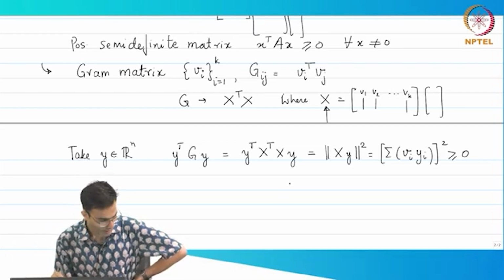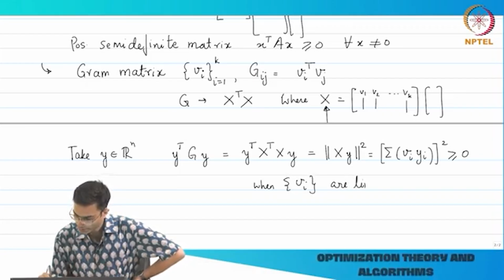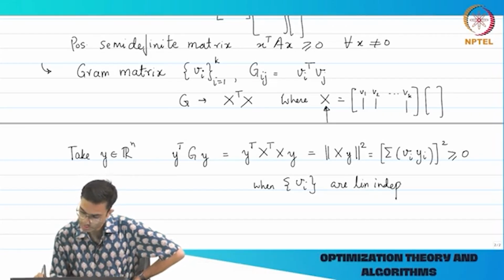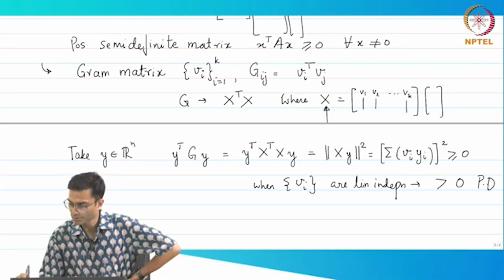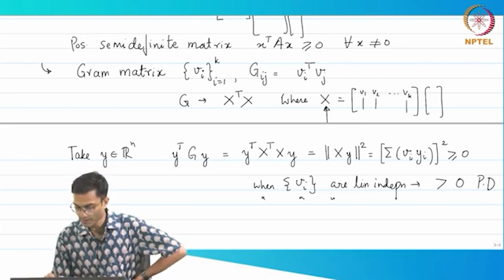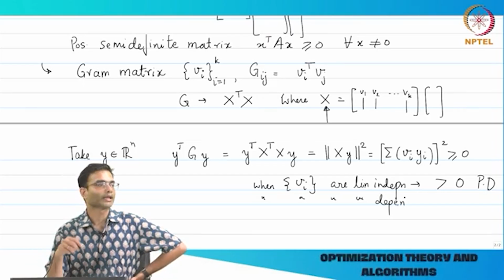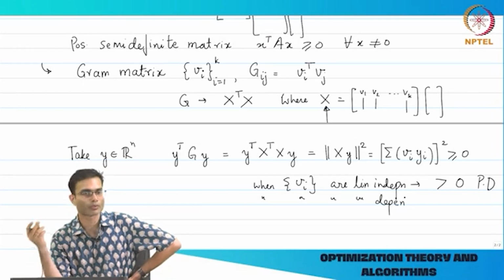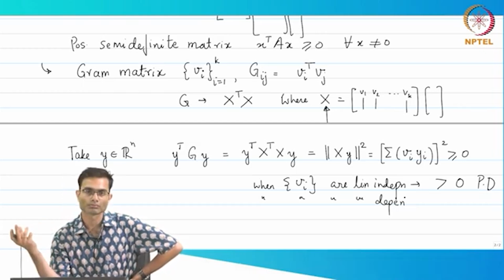So when the vi are linearly independent, what do I get? I will get greater than 0, so positive definite, right? And when these are linearly dependent, then I can come up with some set of coefficients yi such that this linear combination sums to 0, right?